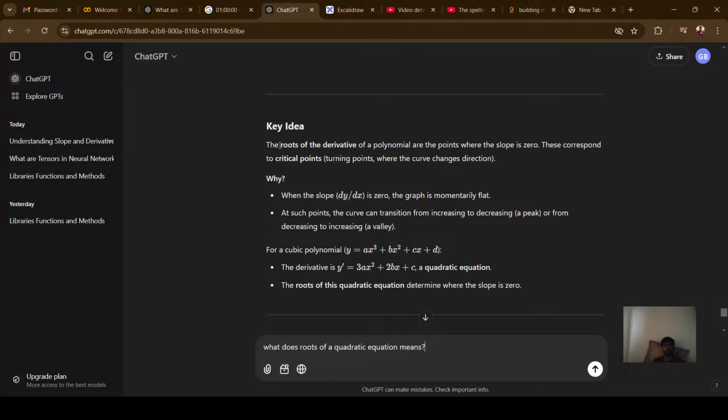Here it is said that the roots of the derivative of the polynomial are the points where the slope is zero. Yeah, that is agreed, because there is a flat section, only then will it start. And the slope is zero where the graph is momentarily flat.